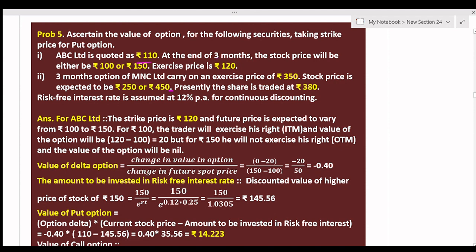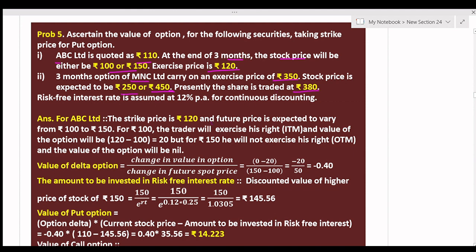At the end of 3 months, the stock price will be either rupees 100 or rupees 150. Exercise price is 120. For MNC Limited, the strike price is rupees 350 and stock price is rupees 250 and rupees 450. The share is presently trading at rupees 380.